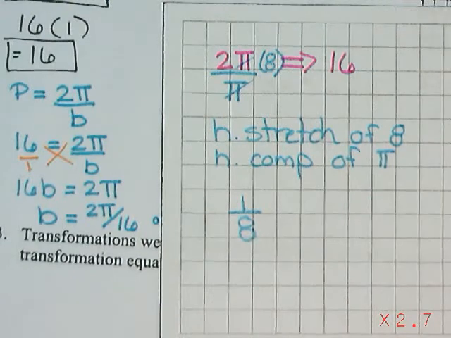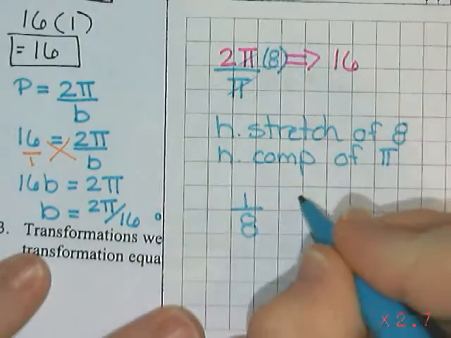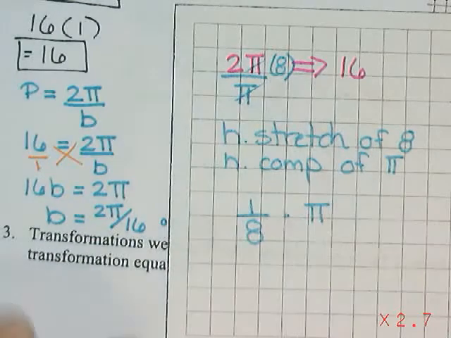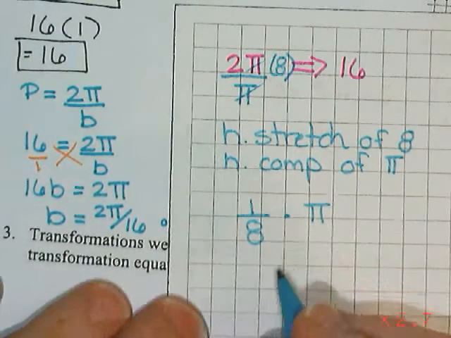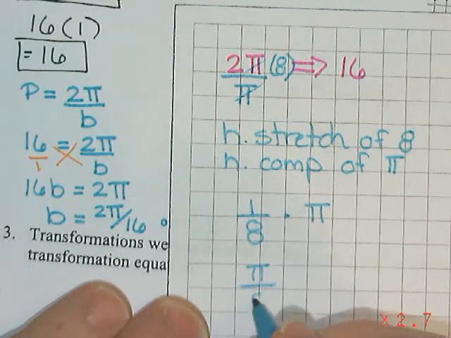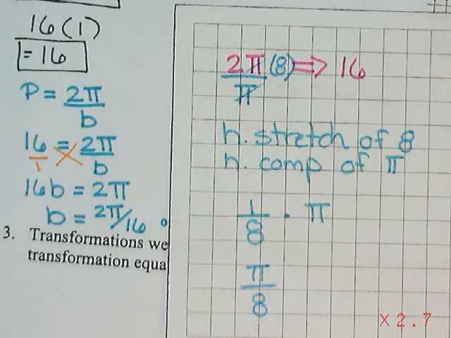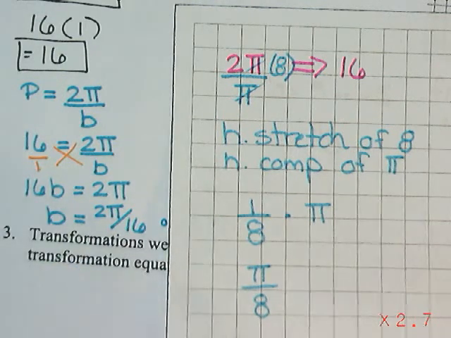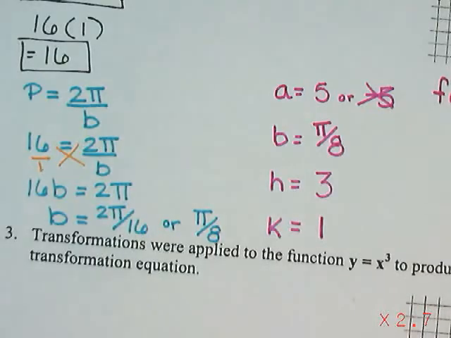If I want to do a compression of pi, then that would just be a pi. So I would combine those two together by saying it's 1 over 8 times pi, or pi over 8. That's a tricky one to figure out. It's easier when they still have pi's in them. Sometimes the formula is a little bit easier to work with. You just need to come up with something that makes sense to you.